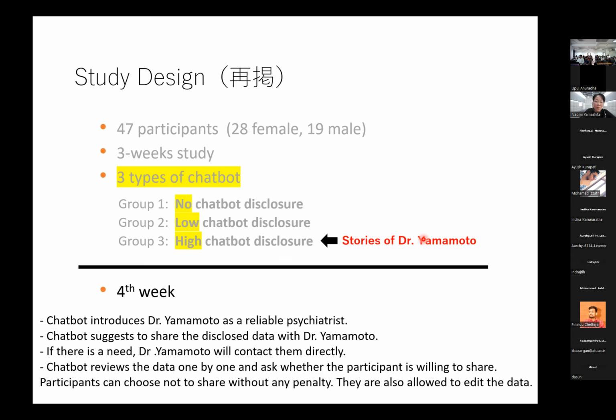So the chatbot said good things about Dr. Yamamoto during the 3 weeks of chatting. And so only the participants in group 3, when the chatbot introduced Dr. Yamamoto, already knew who Dr. Yamamoto was through these chatting sessions.